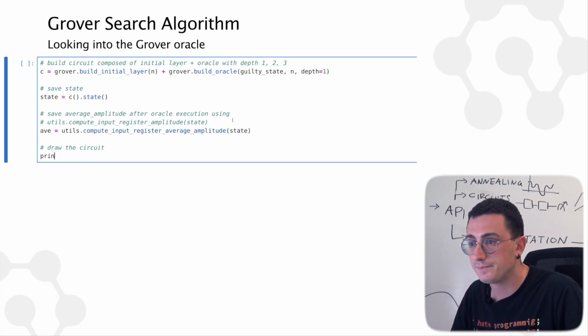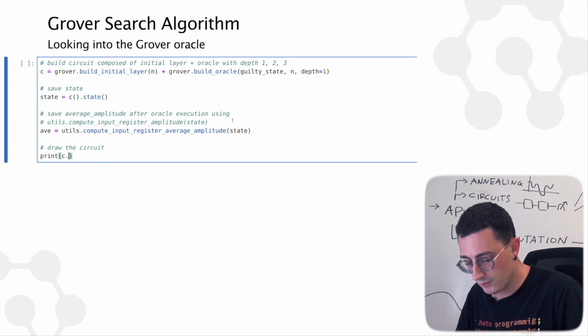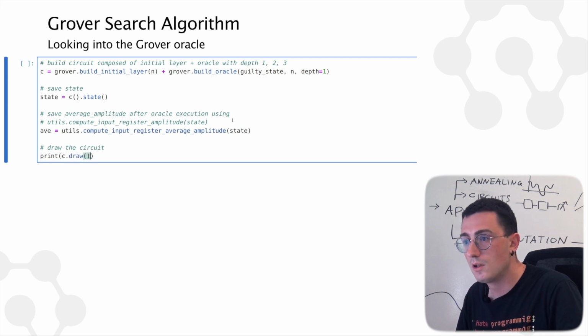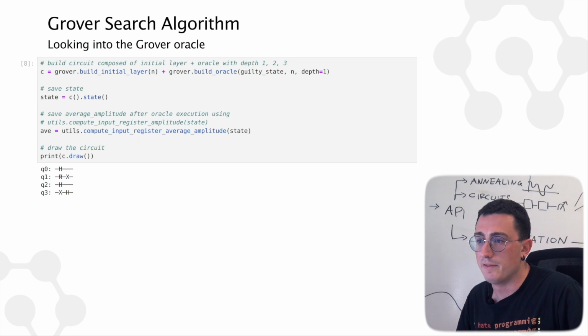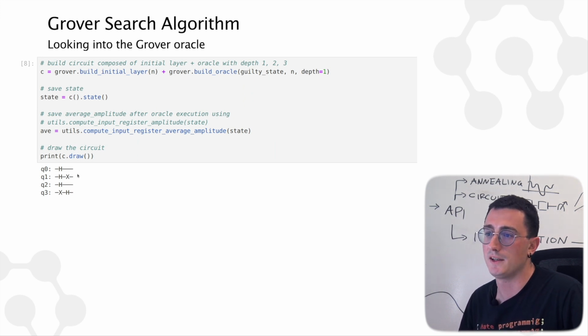So print c.draw, and as you can see, we have the same initial layer of before, plus 1 X gate applied to the second qubit. So this is exactly the same you see from the diagram.